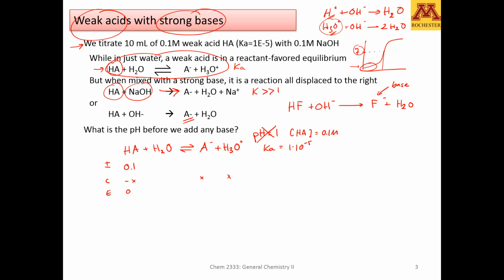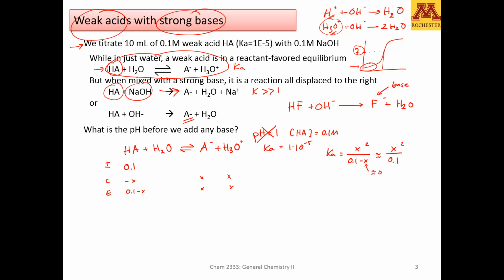And the equilibrium is 0.1 minus x, x, and x. That is, the Ka is equal to x times x, that's x squared, divided by 0.1 minus x. This can be approximated, meaning this is a weak acid. You can assume x is much smaller, so you can say that x squared divided by 0.1. This is pretty much 0 compared to 0.1.